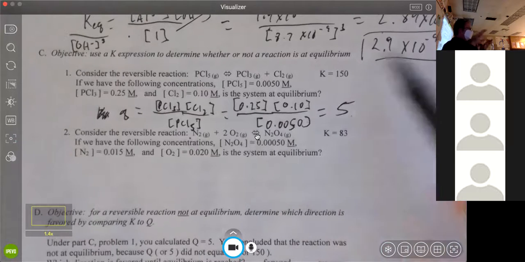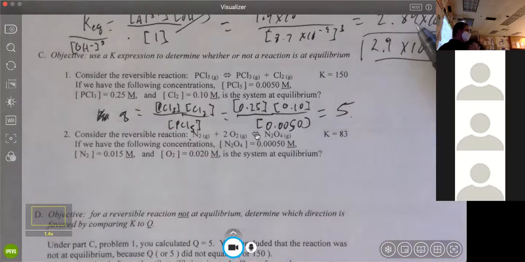So at this point in the reaction, we took a snapshot and said, okay, this is where we are. What do you think is going to be happening with this reaction as it progresses? Is the forward reaction rate faster or the reverse reaction rate faster? Because they're not at equilibrium.